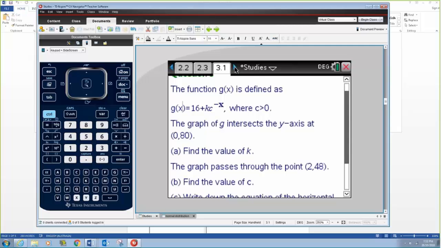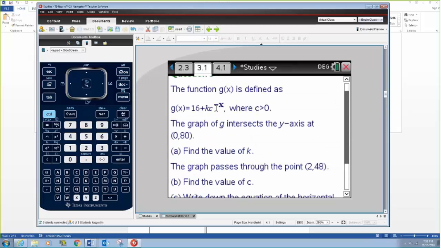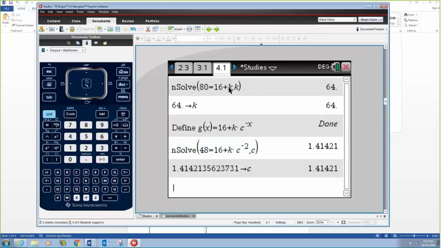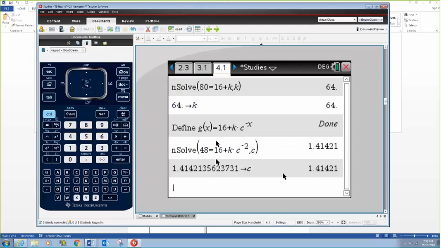So what they need to know is that when x is 0, we have c to 0, which is 1, and then use numerical solve by entering this equation, and again store the value as k. And then we can define this function because the k value now is known, and then we can go back and substitute the other point with numerical solve again to solve for c.